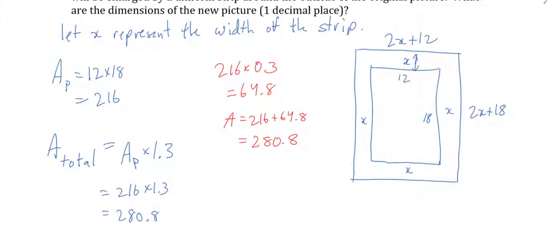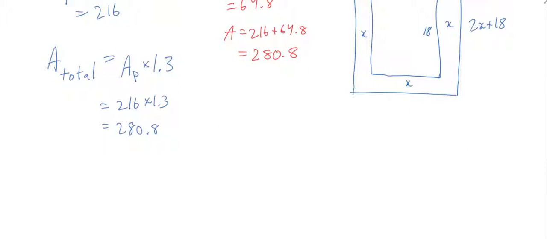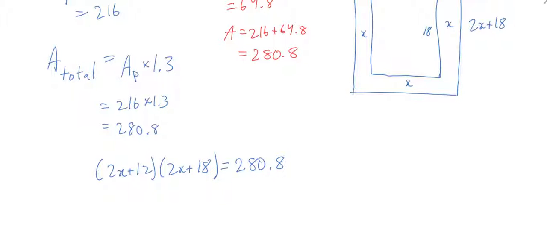It's a useful thing to be able to do. Okay, and now we have everything that we need. Remember we had 2x plus 12 and 2x plus 18, and that's equal to 280.8, which is the new total area. I want you to try solving that.